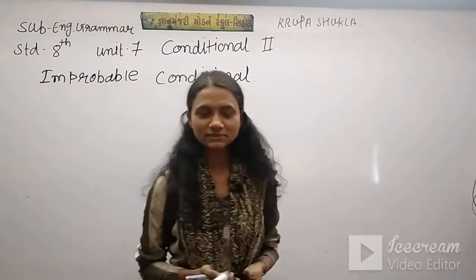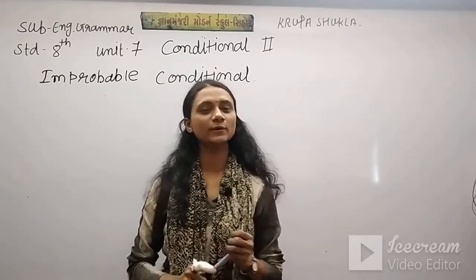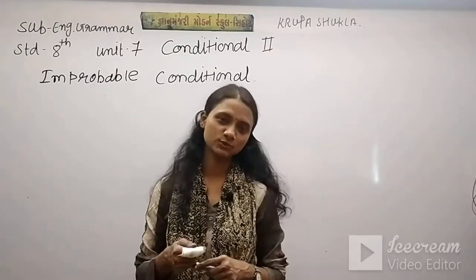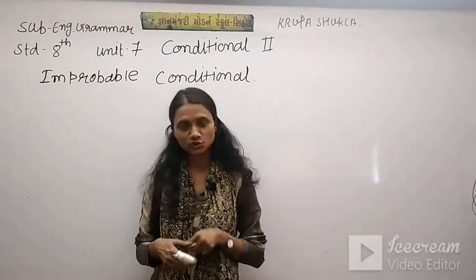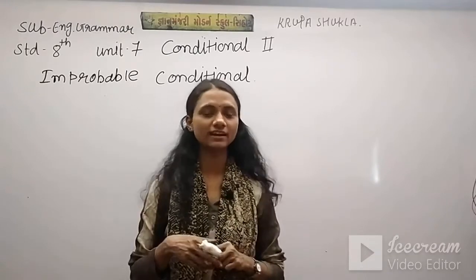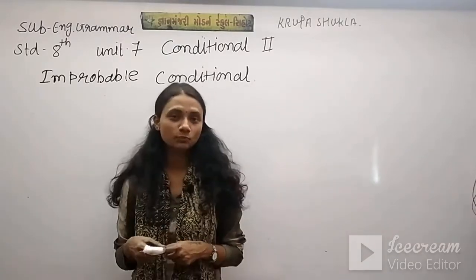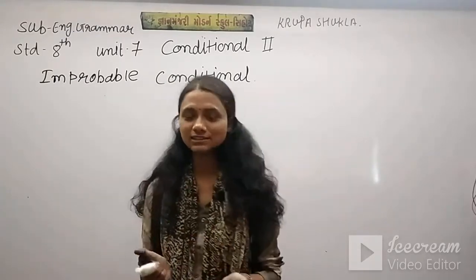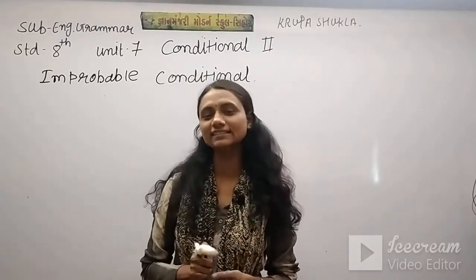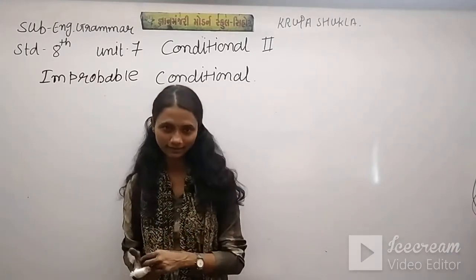It is known as improbable conditional because here we don't have a real kind of situation. In this we have an imaginary situation, whereas in that we have a fact kind of situation. That's why this is known as improbable conditional, because no possible situation is there in this second conditional.